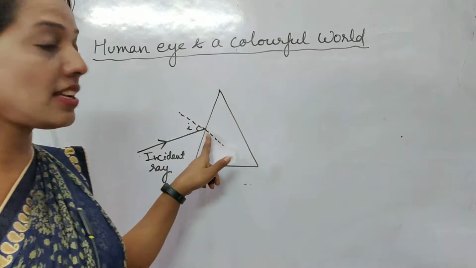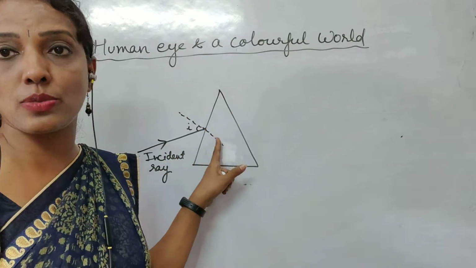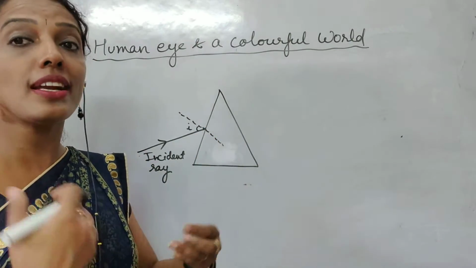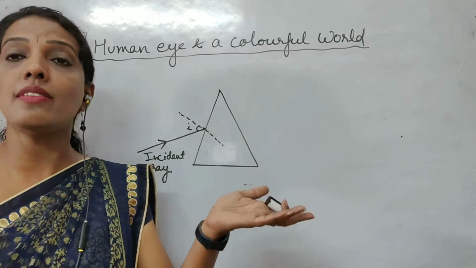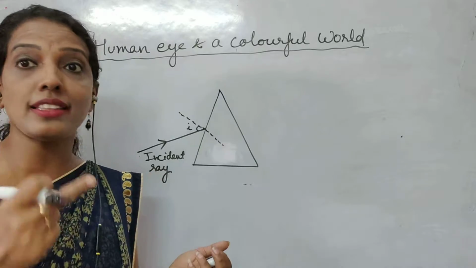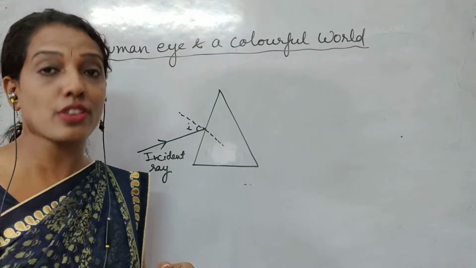Now when the incident ray falls on the glass prism, what will happen? We discussed in the last class that either it will get reflected or it will get refracted.